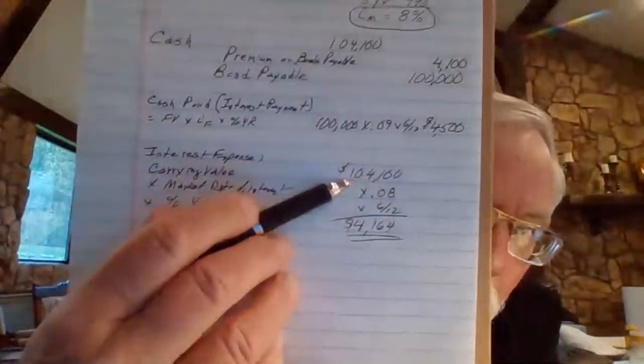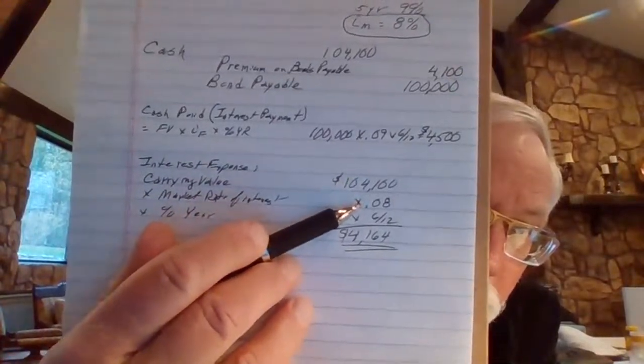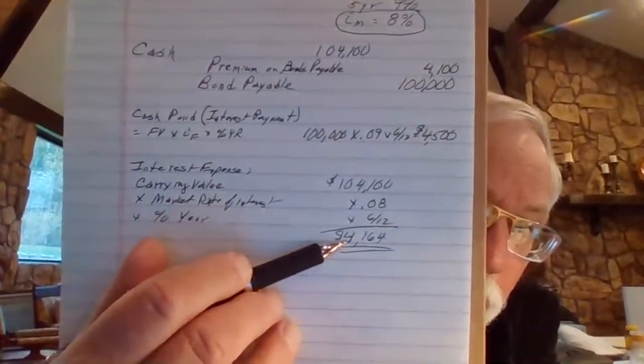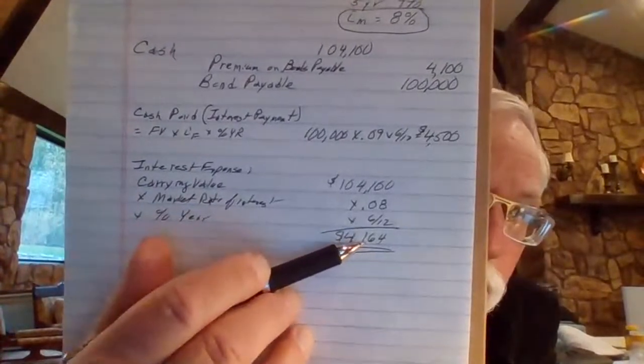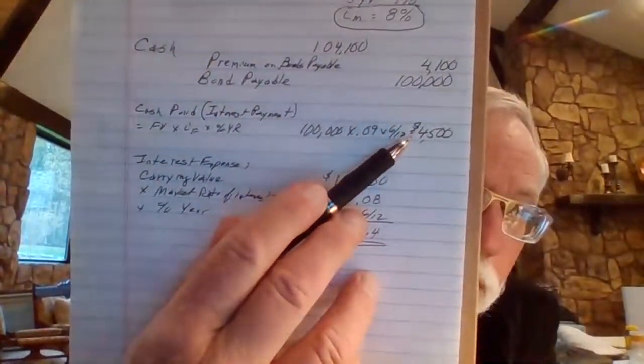So now the carrying value for the first interest payment is the proceeds of 104,100. The market rate of interest is now 8% times 6/12 of a year. And what do we get? 4,164. Carrying value of the bonds times the market rate of interest times half a year. $4,164. What's our payment? $4,500.